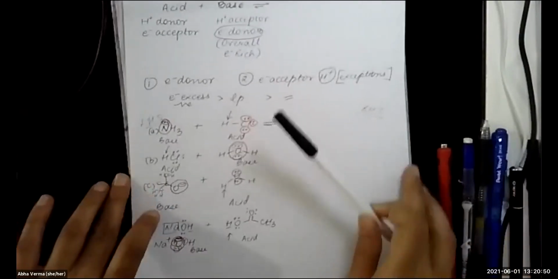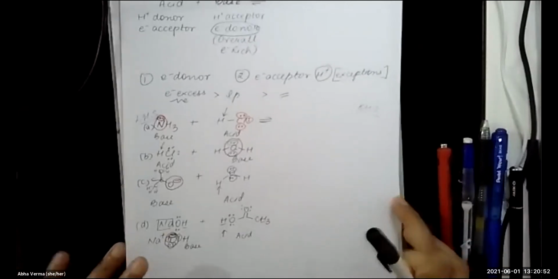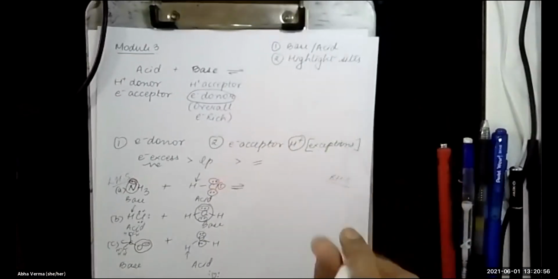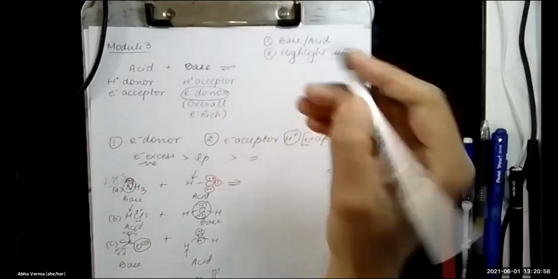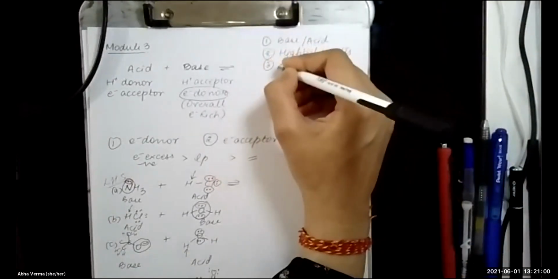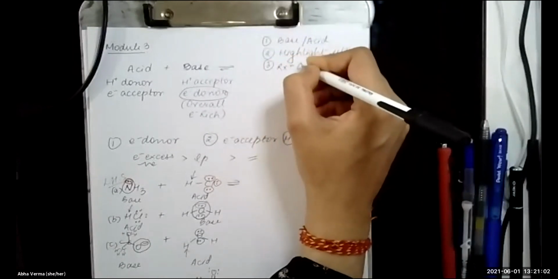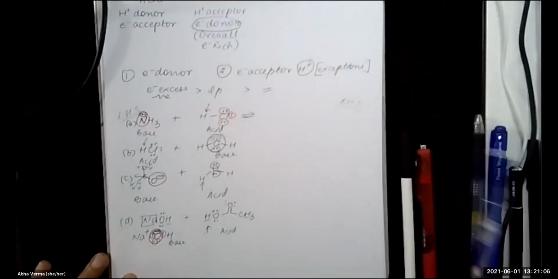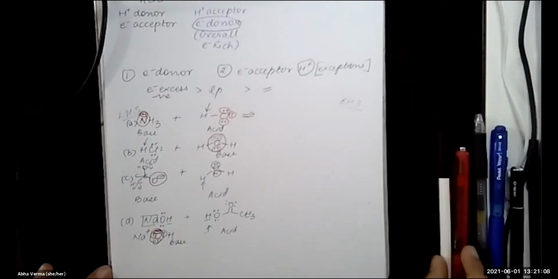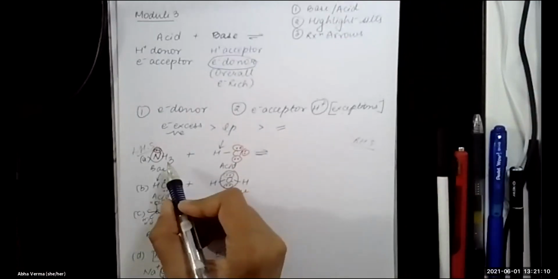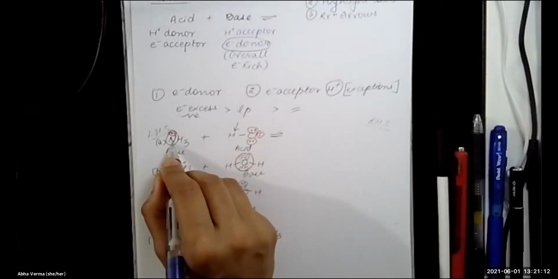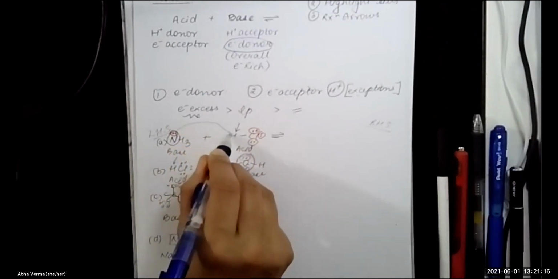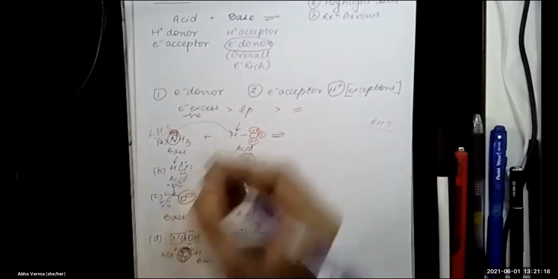Looking back at all the examples that we have done, let's try to do this. So we have already identified our base and acid. We have highlighted sites. We will now write our two reaction arrows. Okay, I'm going to use my pencil. What is the first step? The base attacks the acidic hydrogen. That is my first step.